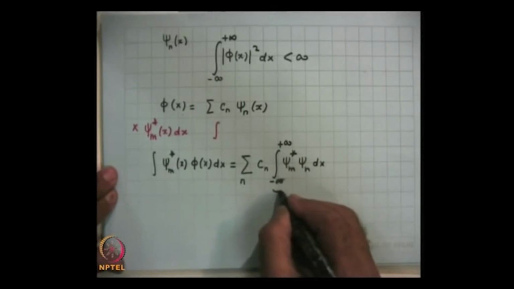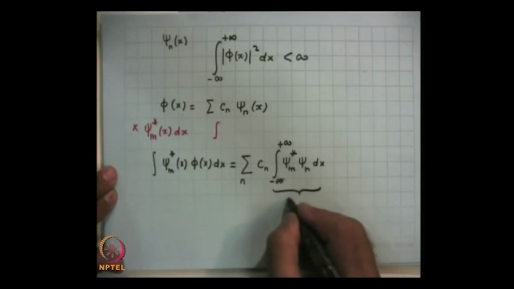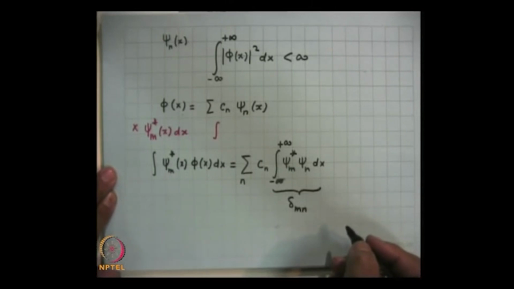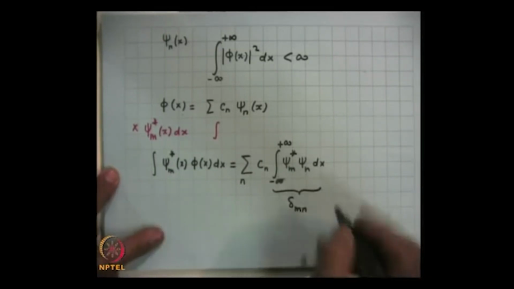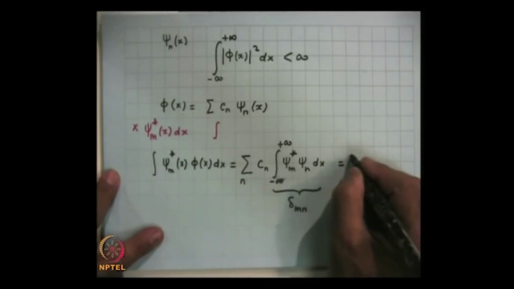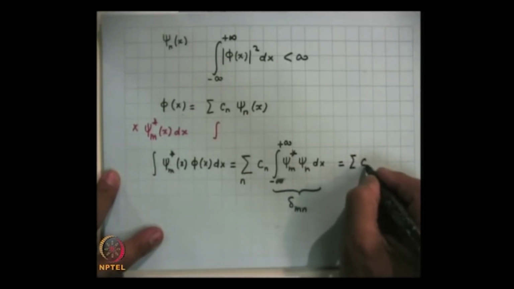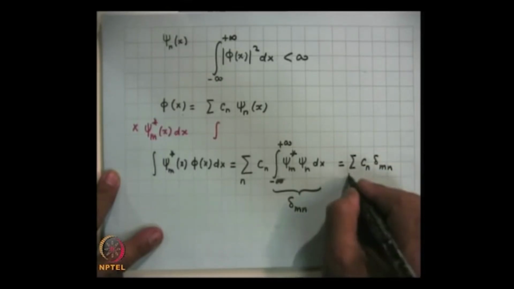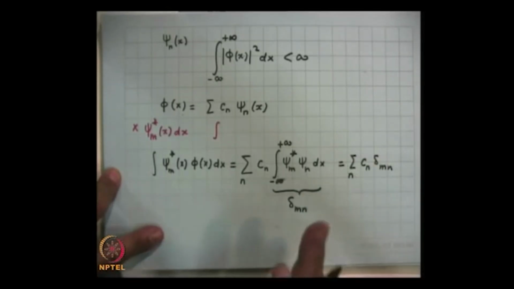But this I have just now proved to be equal to delta m n. So, therefore, the right hand side becomes C n delta m n. The summation is over all values of n.